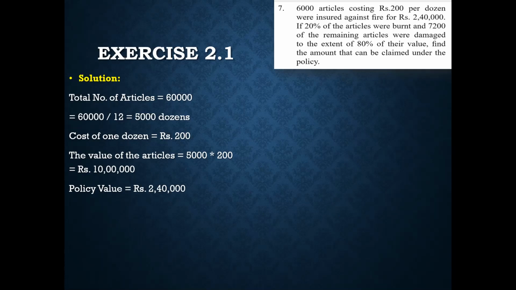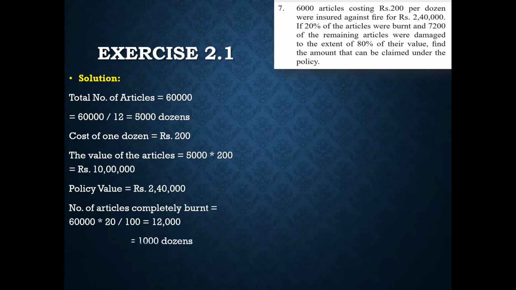Now they are telling you 20% of the articles were burnt. So number of articles completely burnt we'll have to find out, but in dozens again. So first we'll find out 60,000 into 20%, which means 12,000 articles are destroyed.